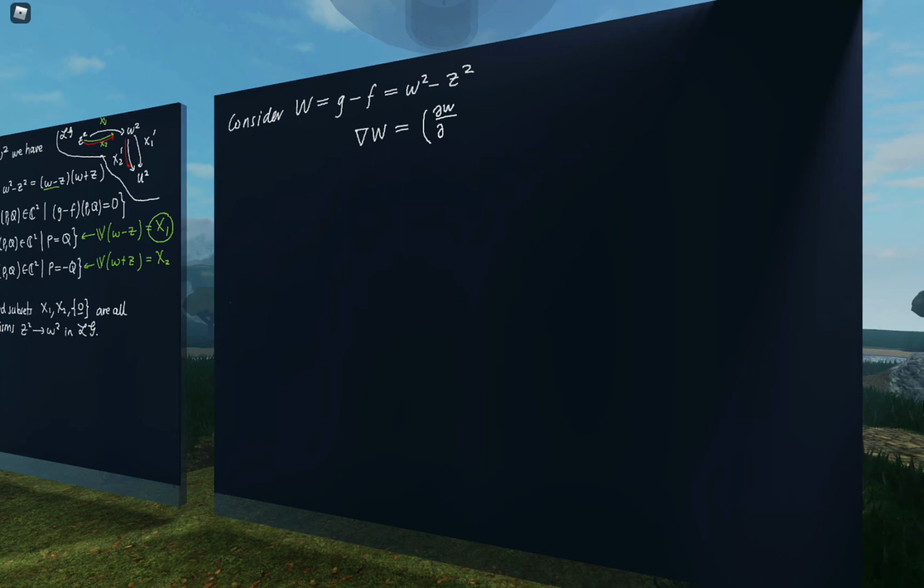And I'm choosing w, little w. That's 2w minus 2z. Okay, so that vector vanishes if and only if w equals z equals 0.